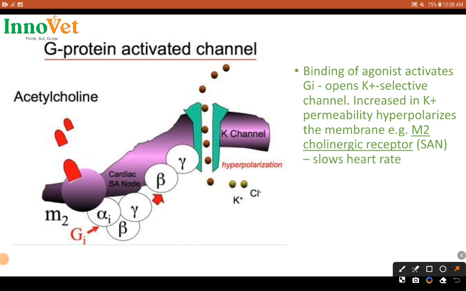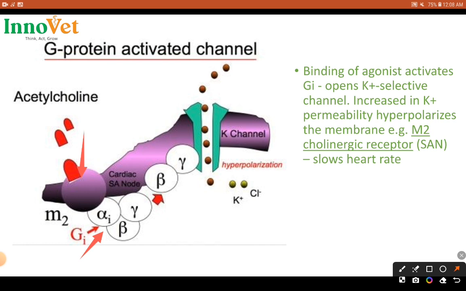When acetylcholine binds to our receptor, which is linked to the G protein, in this case a G inhibitory protein like we saw, and we know what it does, we are looking at a muscarinic 2 receptor that is found in the heart, particularly in the sinoatrial node. That's where our receptor is found.